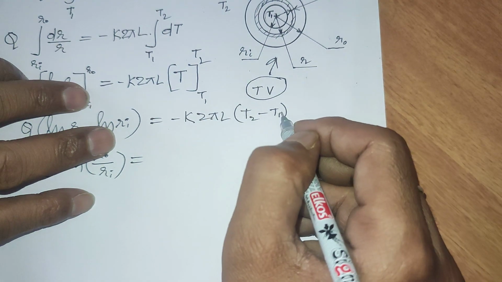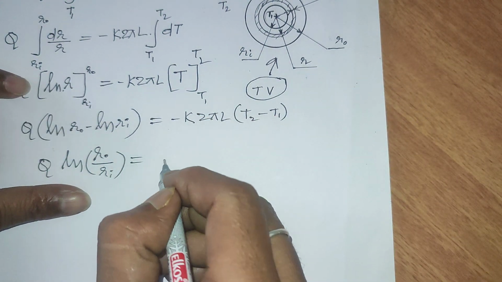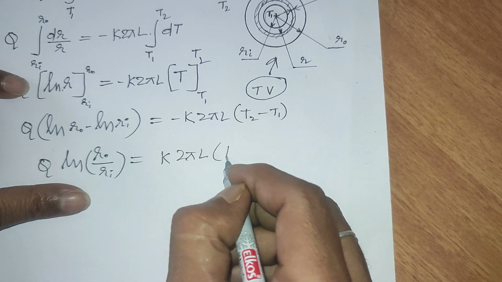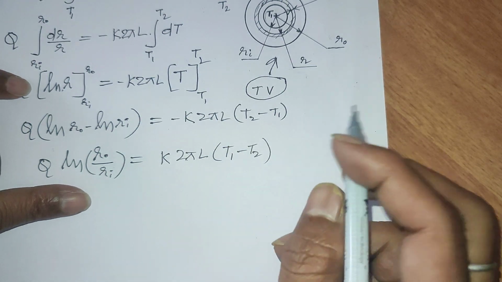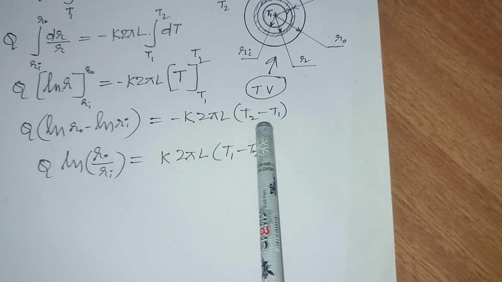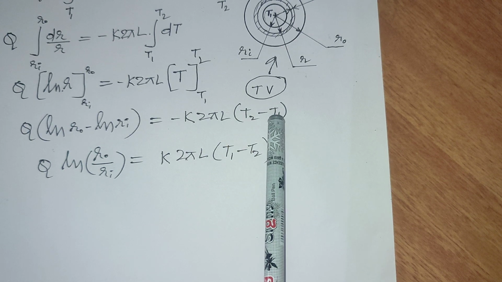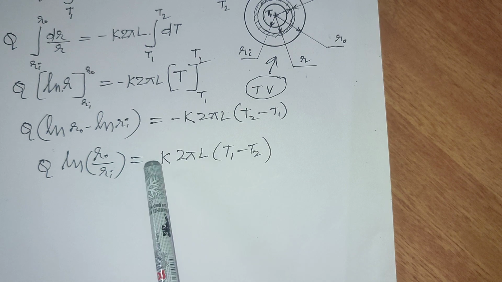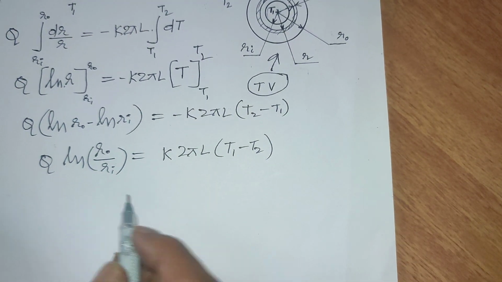So negative of negative, when you apply T1 minus T2, the minus gets cancelled.